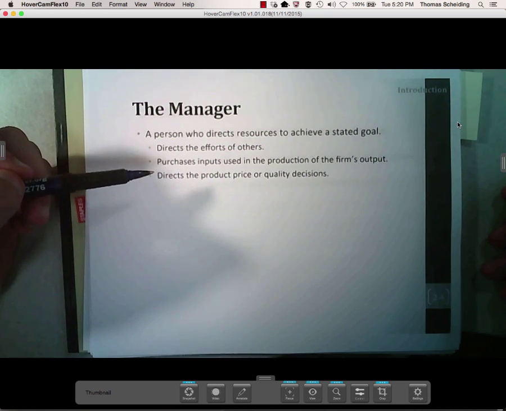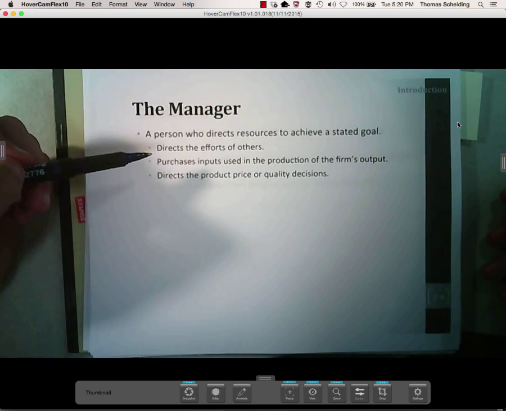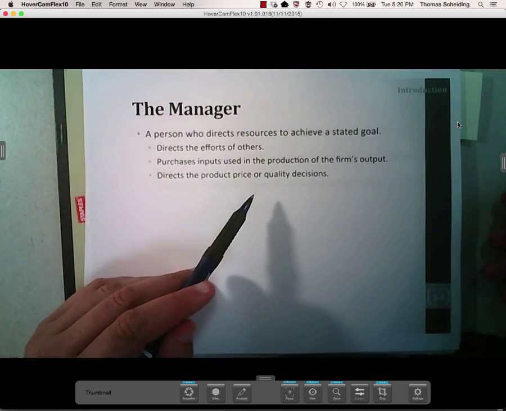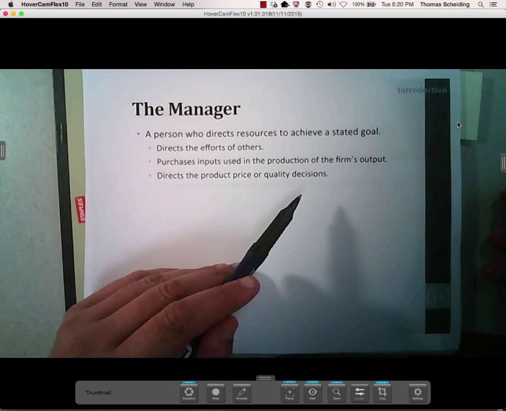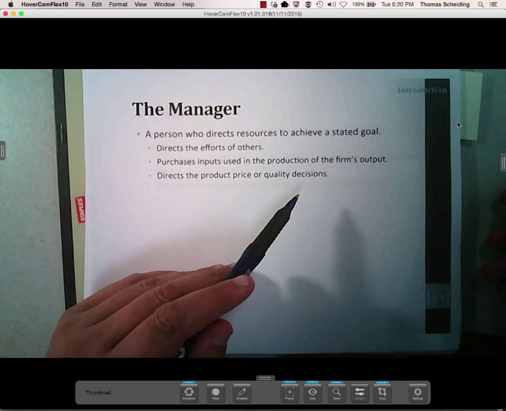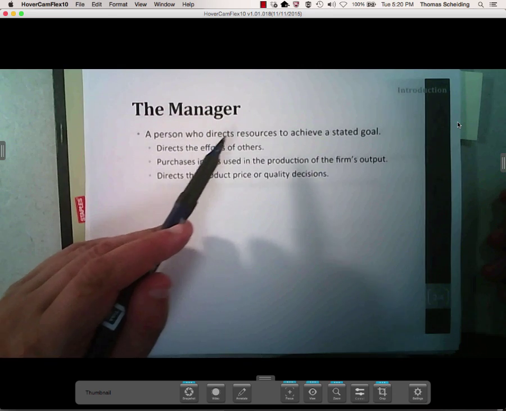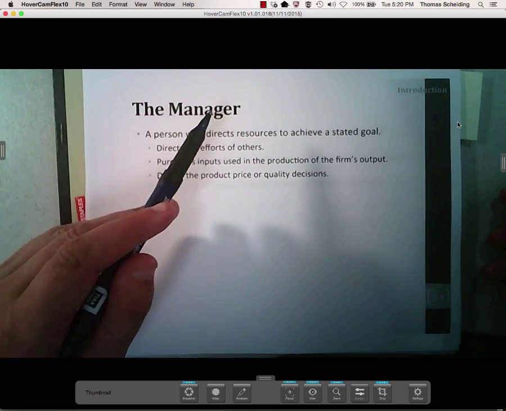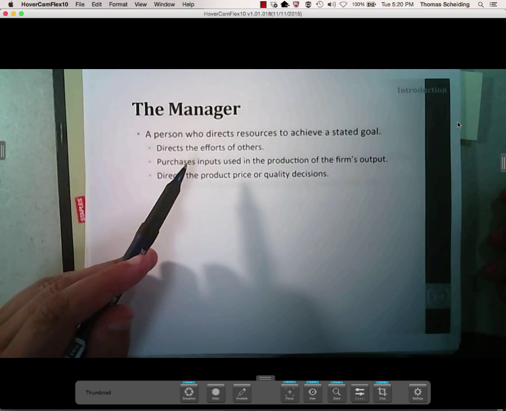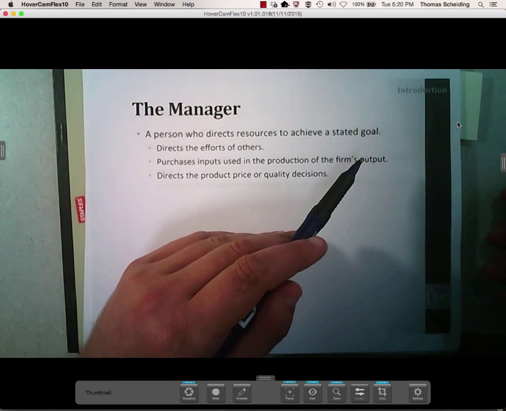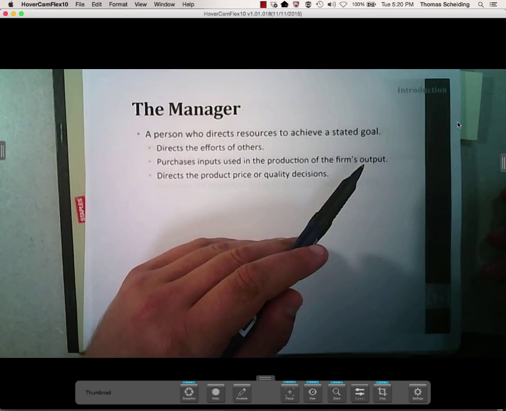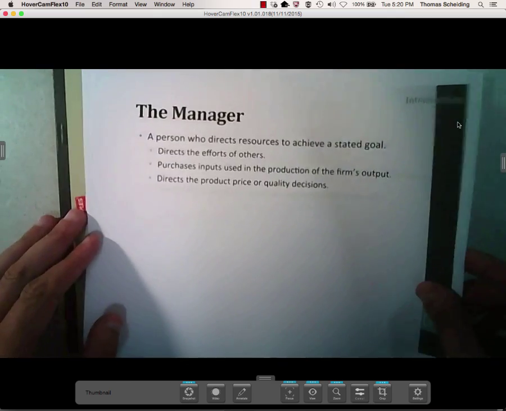That goal being, most of the time, higher profits. To get those highest profits, they have to make the pricing decisions. They have to make the decisions about how high of a quality of an item will be delivered. They have to purchase those inputs to produce that output. They have to decide how many inputs I will use to get the number of outputs that I want. It's a pretty complicated task.